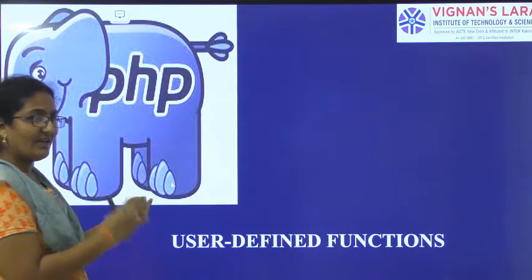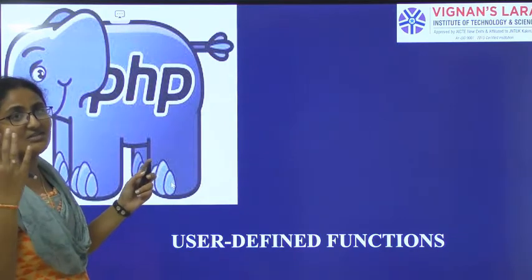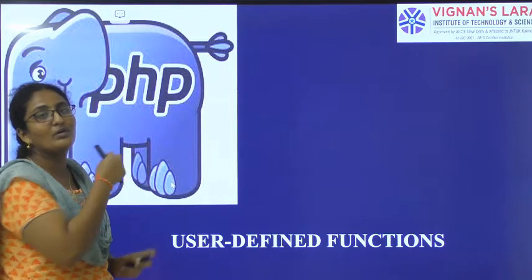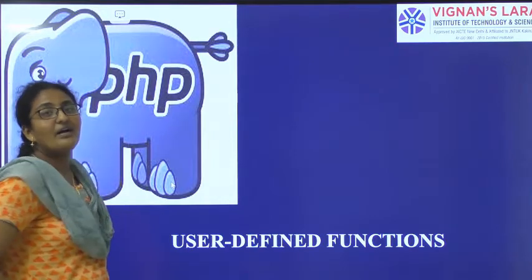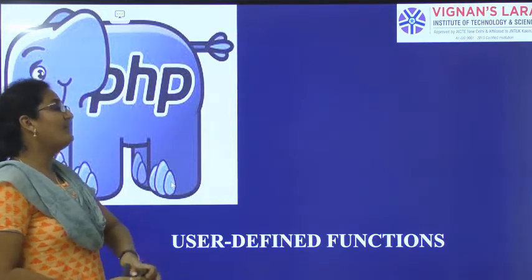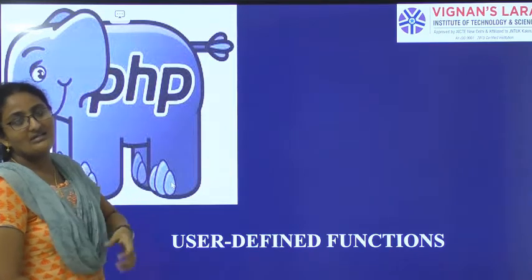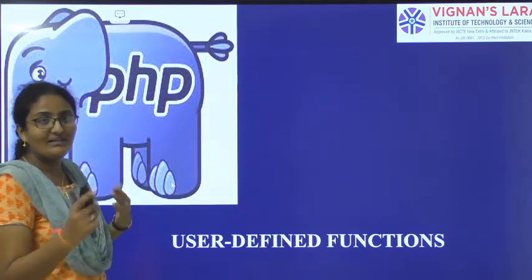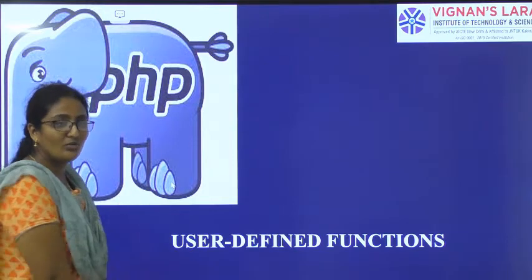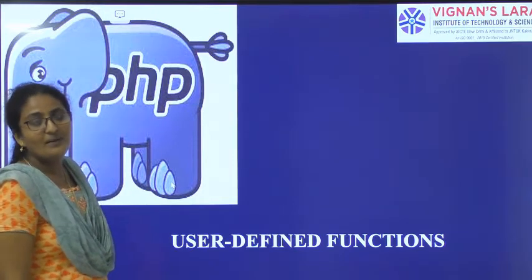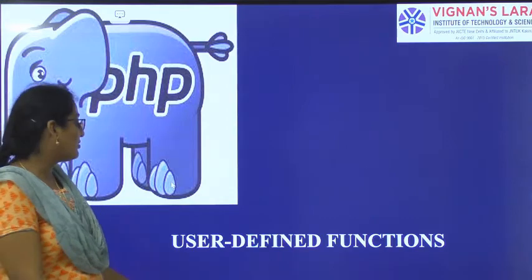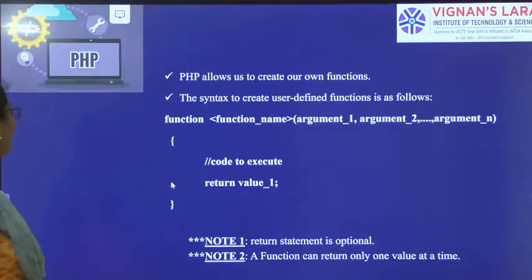When the client and server are communicating and transferring data, and the server is going to send a response to the client, if for this purpose the user defines any function, those are called user defined functions.